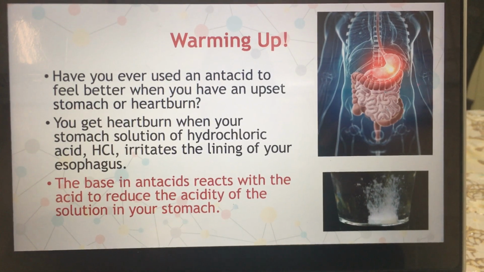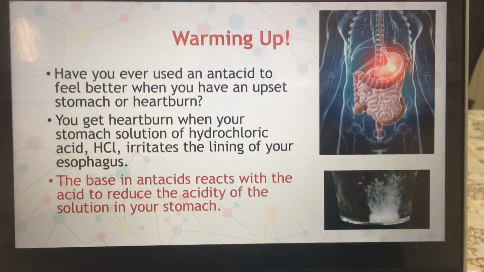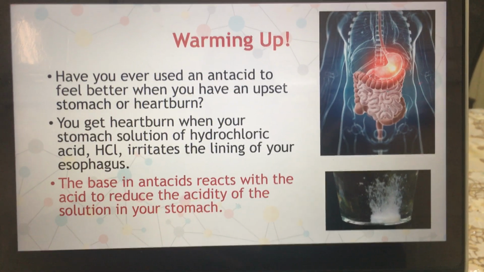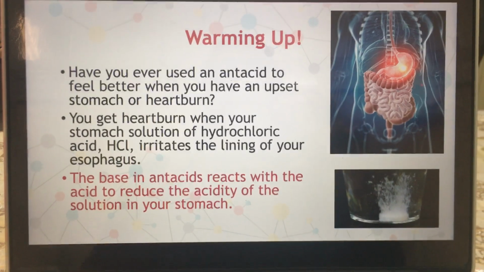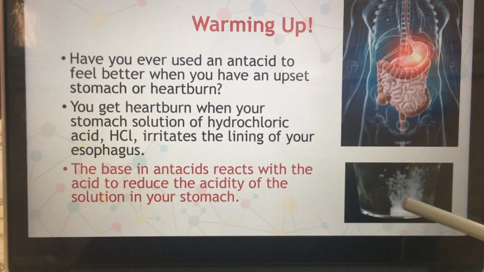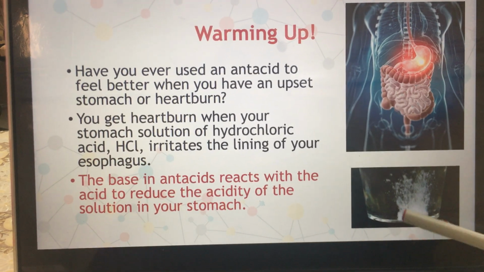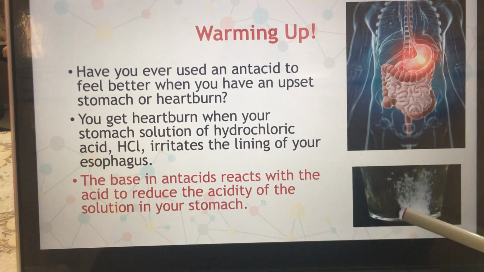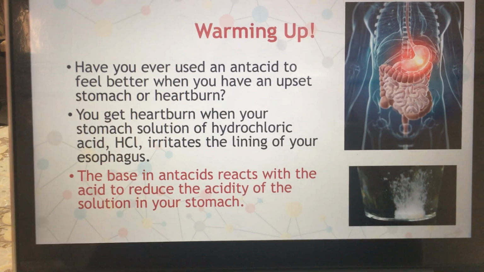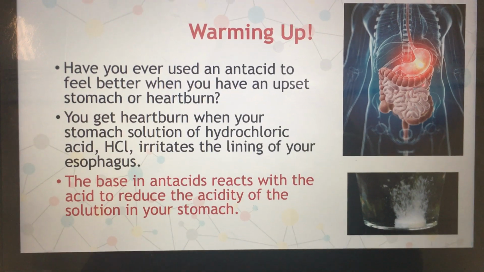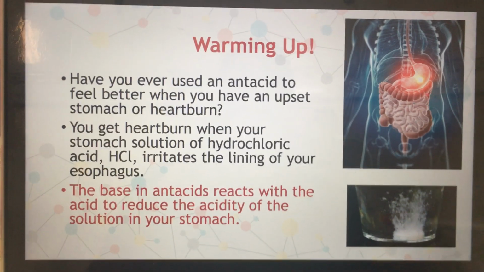This causes irritation in your esophagus, so you feel this heartburn. What should you do when you feel like this? We should use antacid. What is antacid? We saw antacid in the previous lesson. When we dissolve an antacid tablet in water, it will produce a basic solution. This basic solution will react with the acid in your stomach to reduce its acidity.